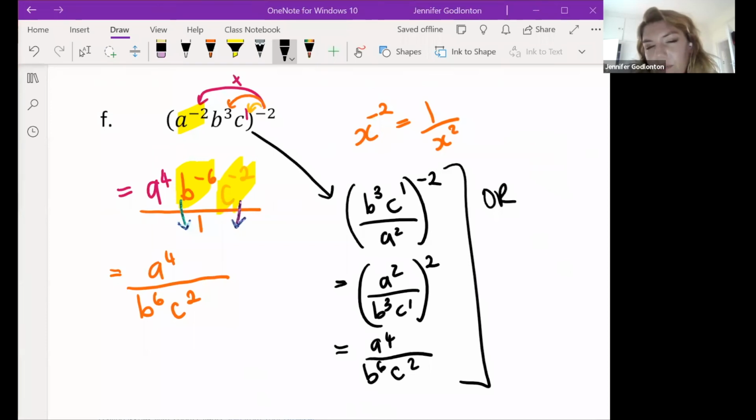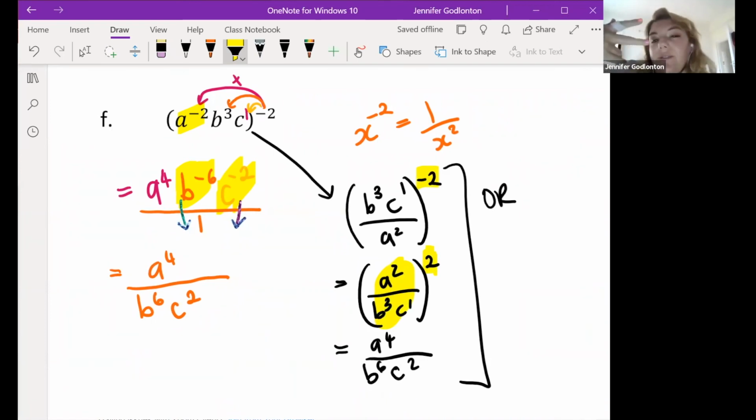Ma'am, why do you say a to the power 2 over b to the power 3, c to the power 1? So this step that's happening over here. Yes, ma'am. This is what we were talking about in the last question. If we have a fraction and it has a negative exponent, we're allowed to flip the fraction and then the exponent becomes positive.